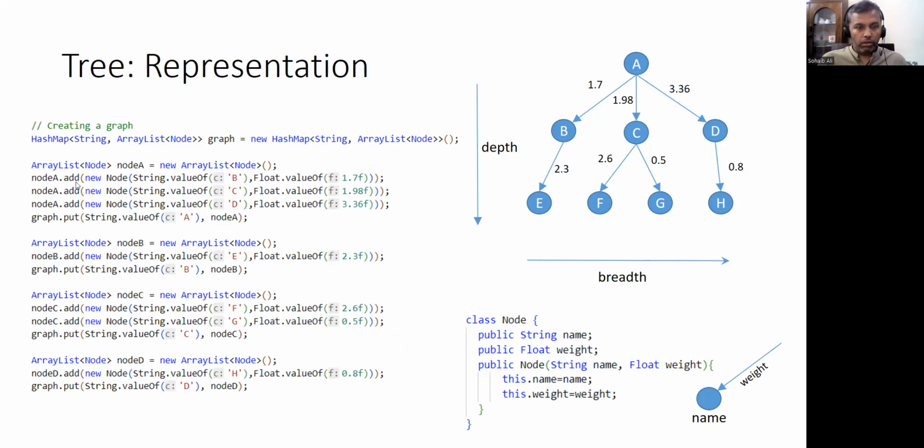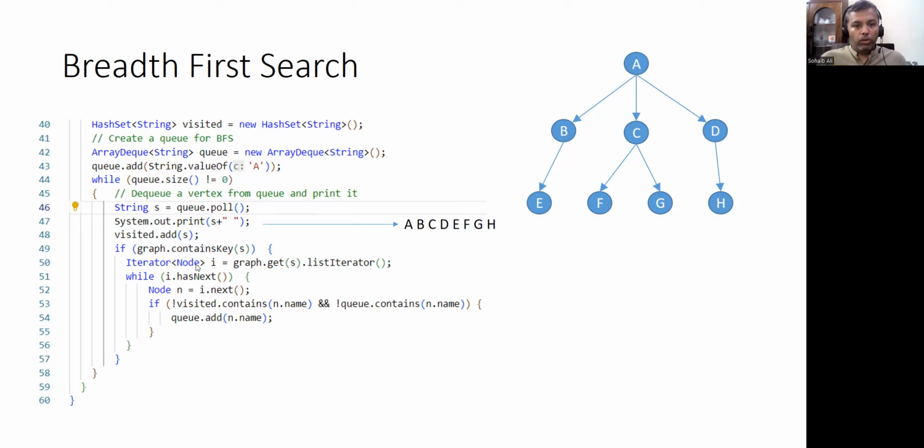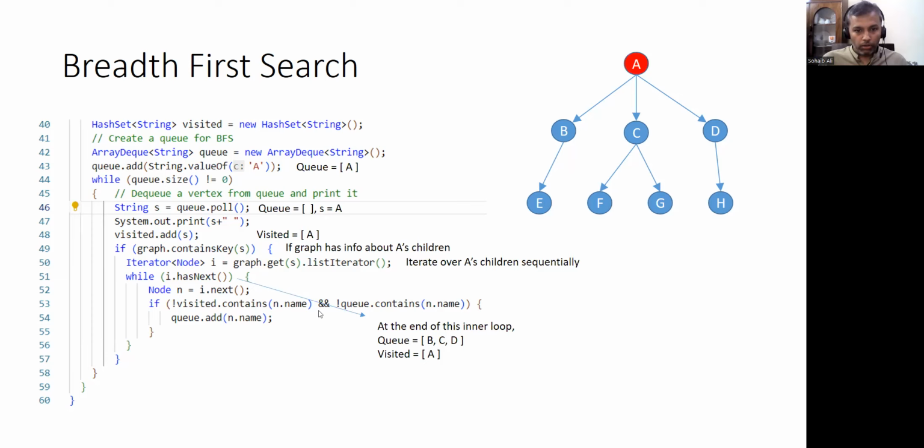In here we have actually defined 3 children of A. So this means that this while loop will be executed 3 times, and each time I'm going to visit some child of A, and then I'm going to see if that child doesn't exist in our visited set, and it also doesn't exist in my queue, only then I'm going to add this child, let's say child B, in my queue.